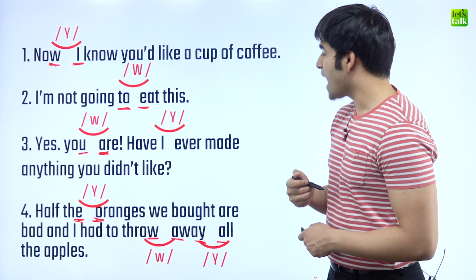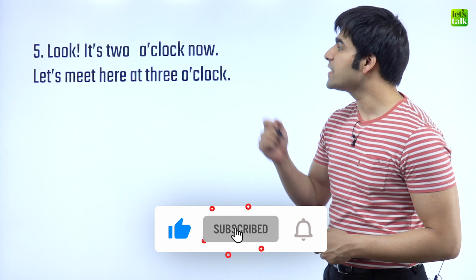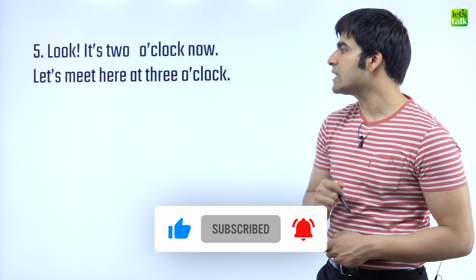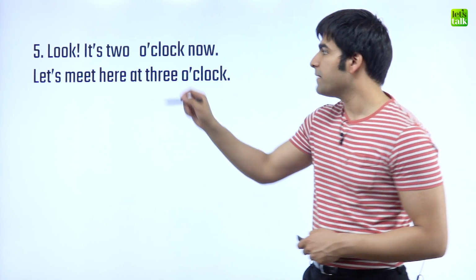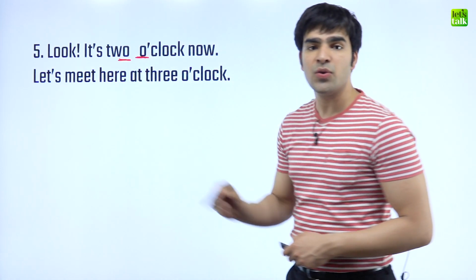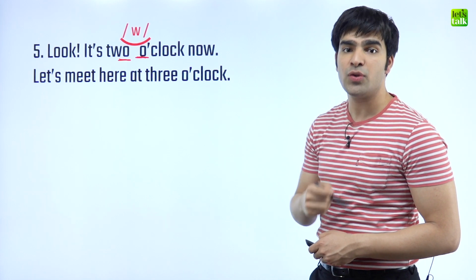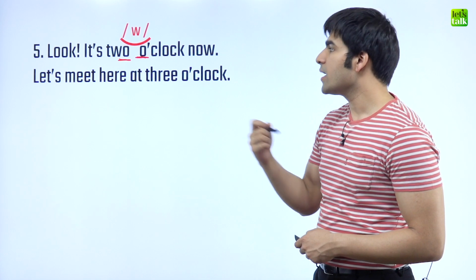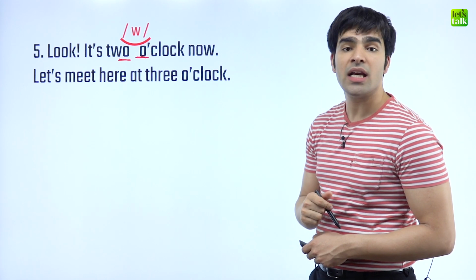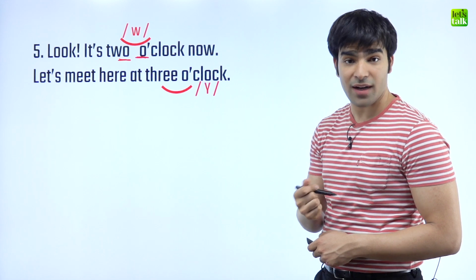Let's have a look at the next example now. It's 2 o'clock now. Let's meet here at 3 o'clock. If you see, 2 o'clock, 2 o'clock. Now let's meet at 3 o'clock, 3 o'clock.